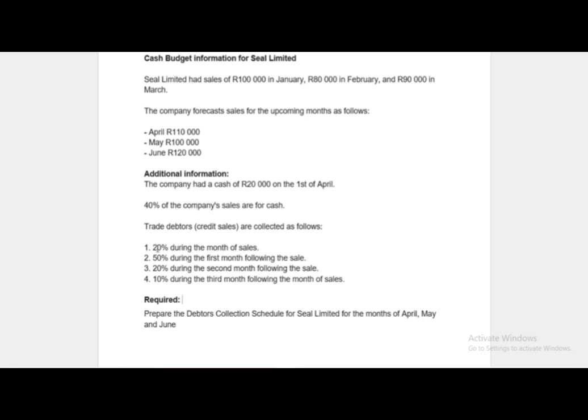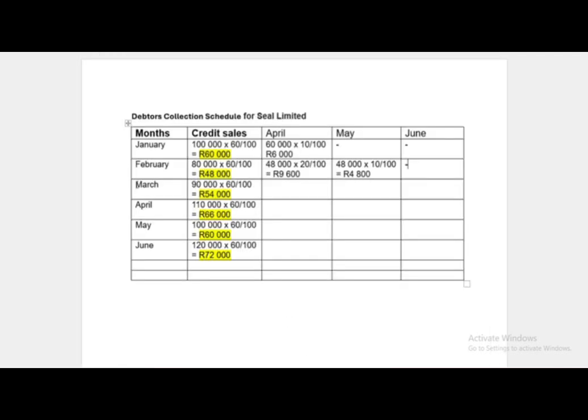It means we're going to collect 20% of the credit sales in March, because it's during the month of sale. So March is the month of sale this time. But March, remember, does not form part of the months in the debtors collection schedule, right? So now we are not going to collect or calculate for March, because March is not in this month.